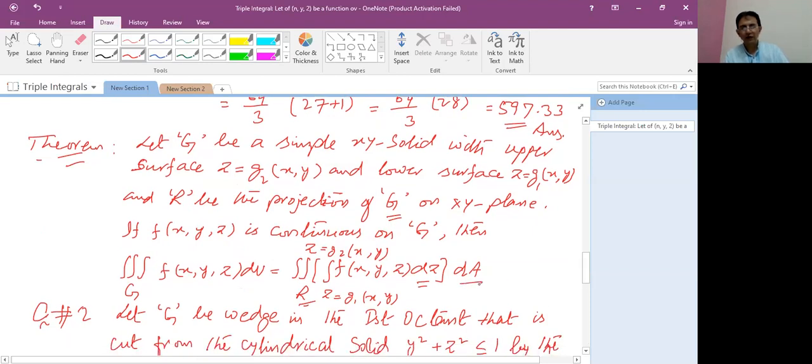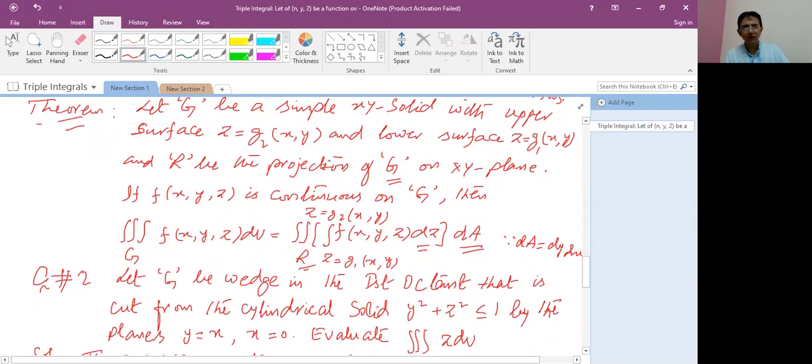Then after that, we will integrate over dA, where dA represents dy dx, after finding the integral of the given function with respect to z. So now, student, we will apply this theorem in this application.